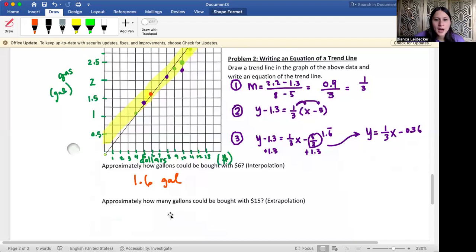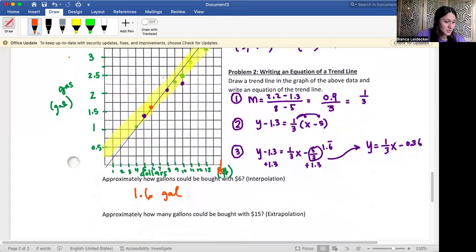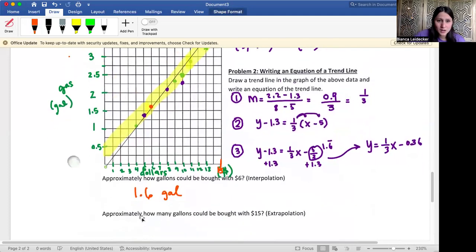Then we have approximately how many gallons could be bought with $15. So you're thinking through your graph, and the 15 here is not a part of the plots that I have. If I continue this, it might be about 3.75, or we know it's going to be above 3.50 or so.